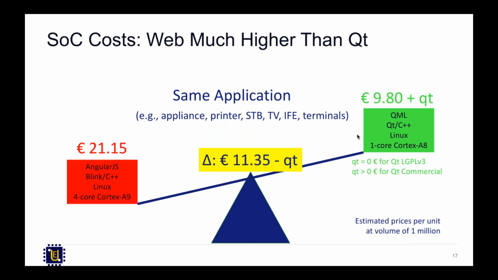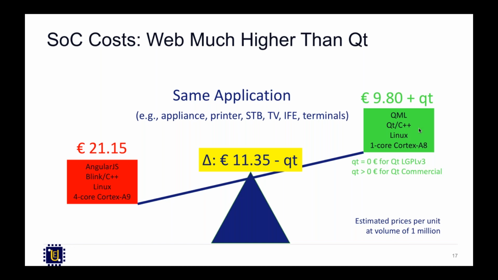The quad-core Cortex A9 costs you 21 euros. On the other hand, with Qt, you can get away with a single-core Cortex A8. That costs you 9.80 euros or 10 euros, and then you have to add the Qt license costs per developer per unit. That's a little bit.